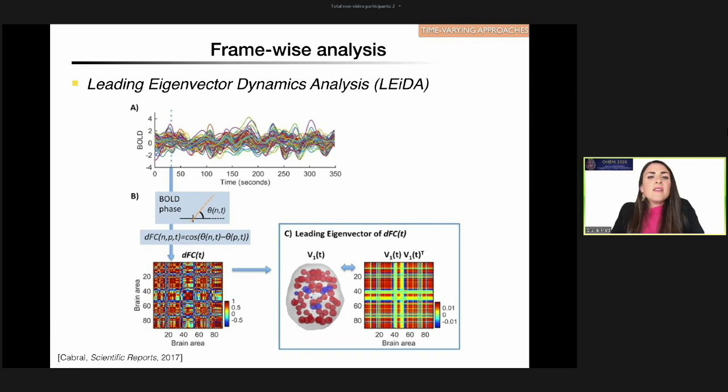Basically by computing the Hilbert transform of our BOLD fMRI time courses that yields a BOLD phase for each region and for each time point. And this allows actually for each connection at each time point to compute the connectivity as the phase coherence between 2 different regions, yielding a connectivity matrix, which is a phase coherence matrix at each time point, so that we can appreciate the temporal evolution.